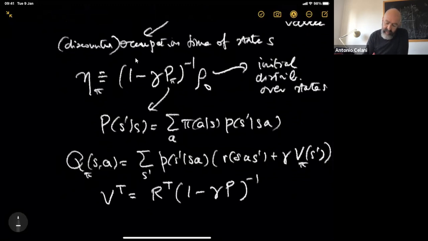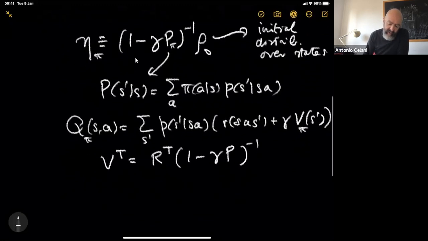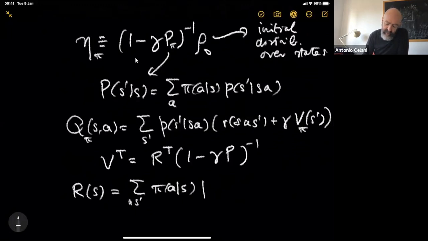This is the same capital P that is above. And what is this? R is a row vector whose entries are just the expected rewards starting from state S. So if I'm in state S, I take action A according to my policy. I end up in state S prime according to my transition probability.